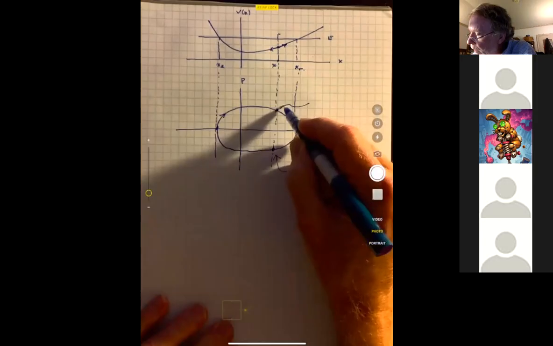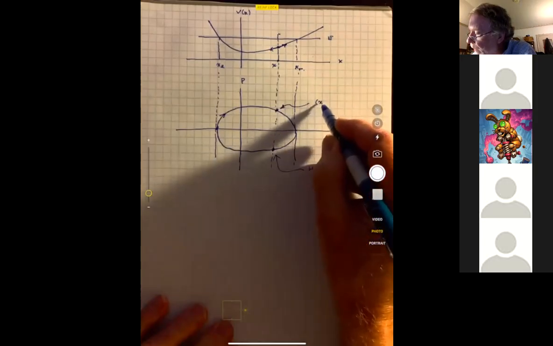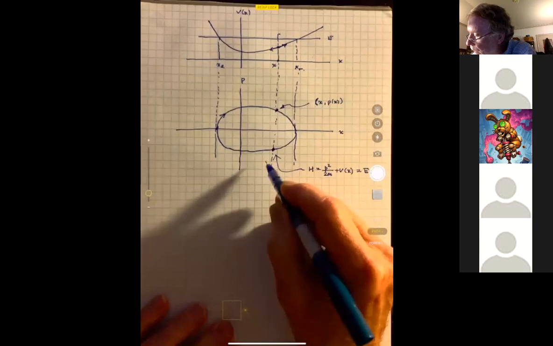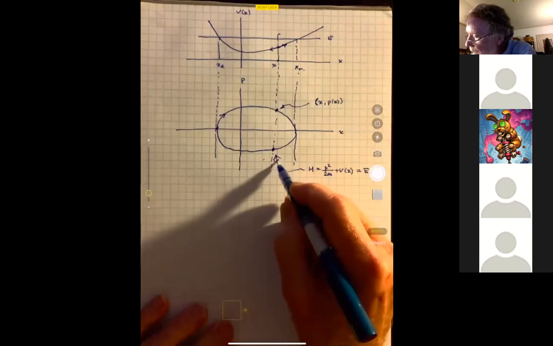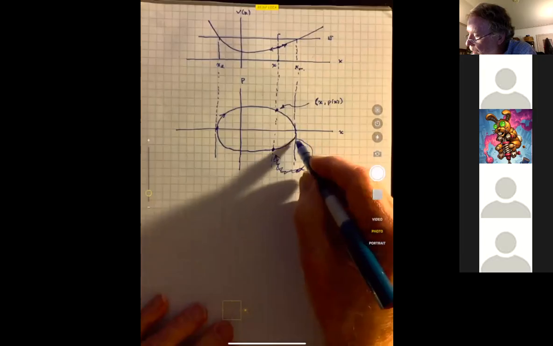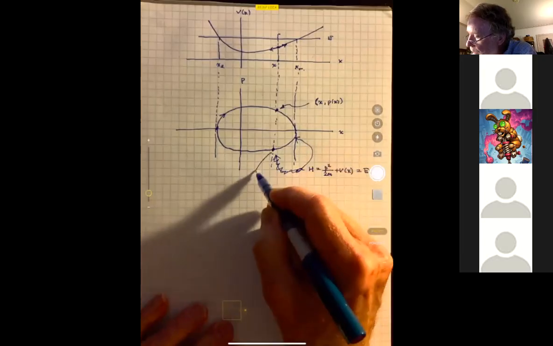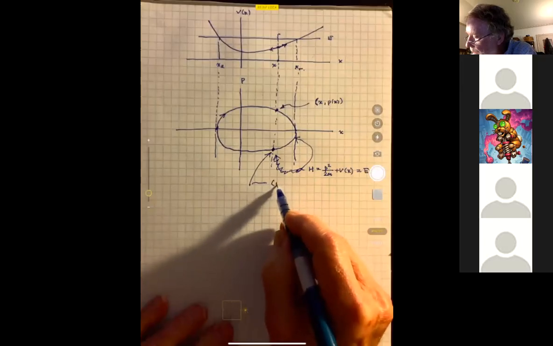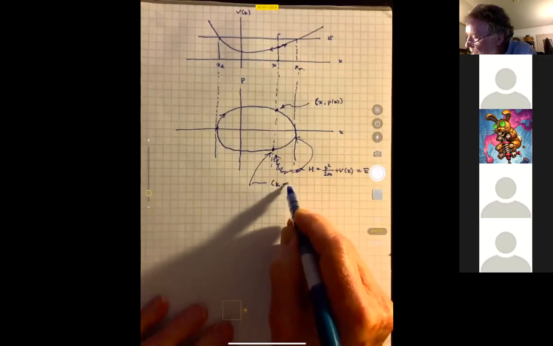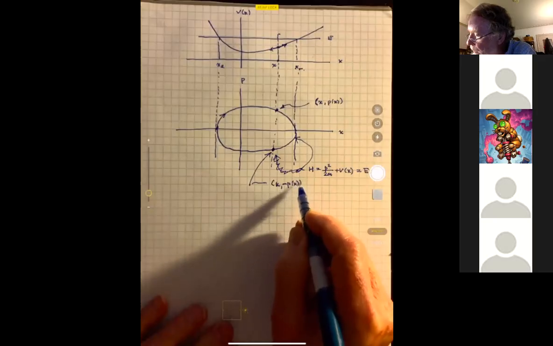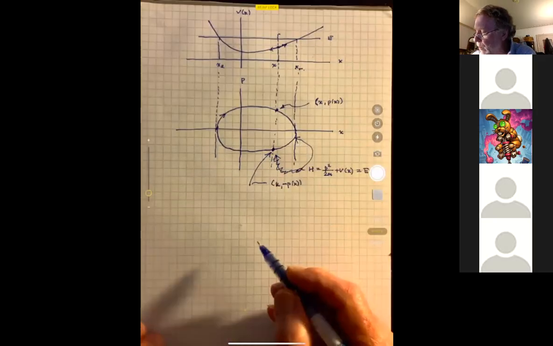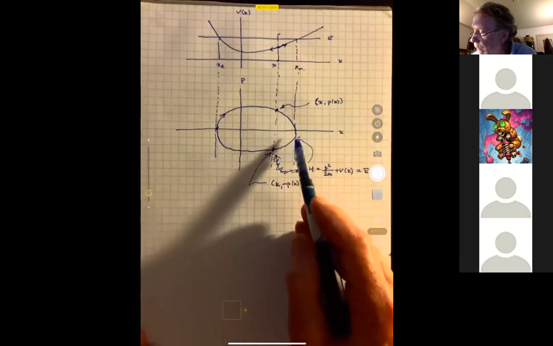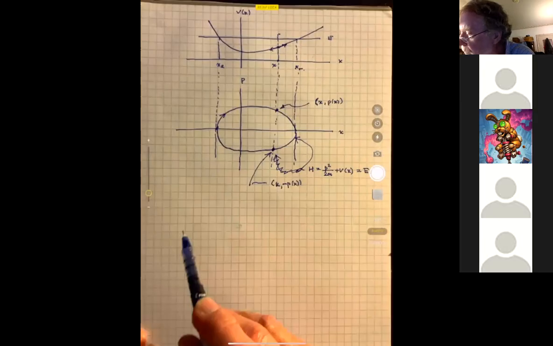And that point right there has the coordinates x and p of x, where p of x is that x-dependent momentum function I keep talking about. And this point there has the coordinates x and minus p of x. This is to say it has a negative momentum for the particle going the other direction. So here's your interpretation of p of x and minus p of x. It's the coordinates of a point on the orbit.